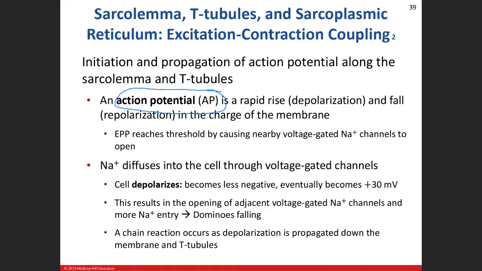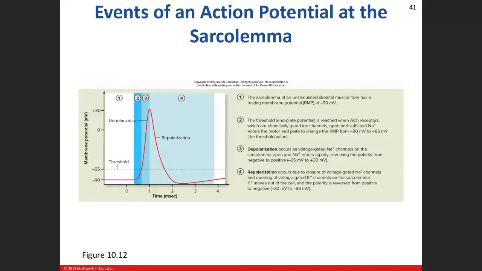The EPP reaches that threshold value of -65, and there's a nearby or adjacent voltage-gated sodium channel. Once it opens up, it's game on. That first domino falls down, the cell depolarizes, and it's going to go through that same scenario. The inside of the cell will become a +30 millivolt value. I'm going to come right back to that. So that's what we're going to see on this graph here.